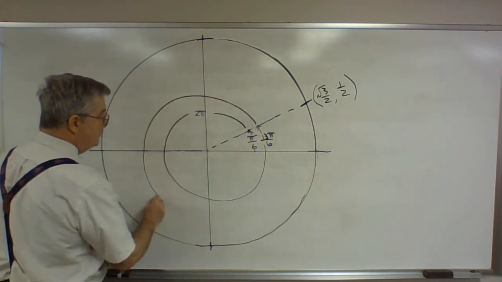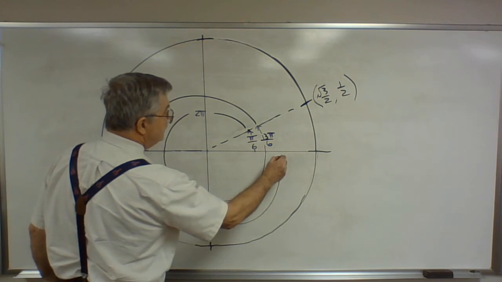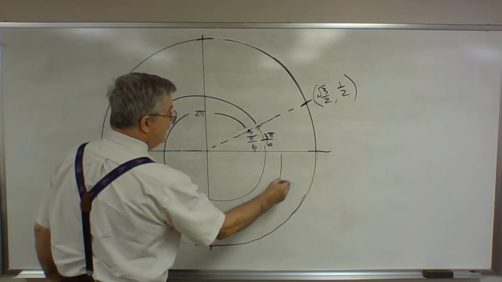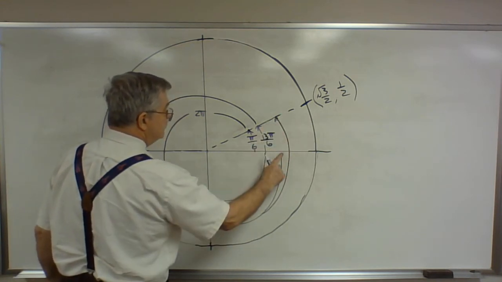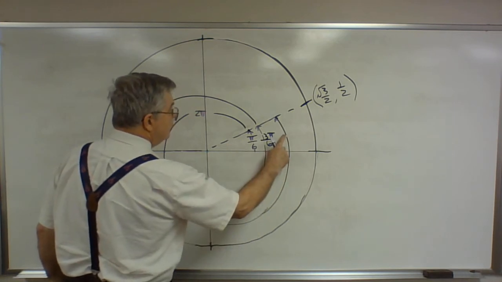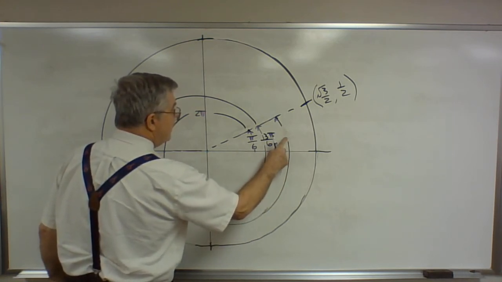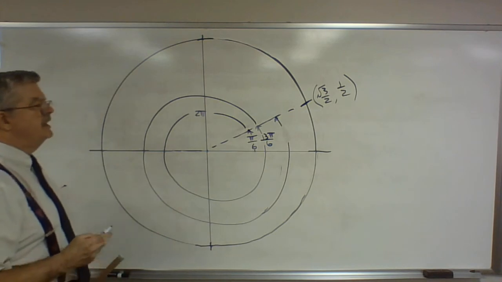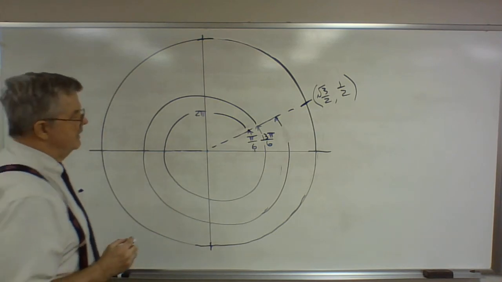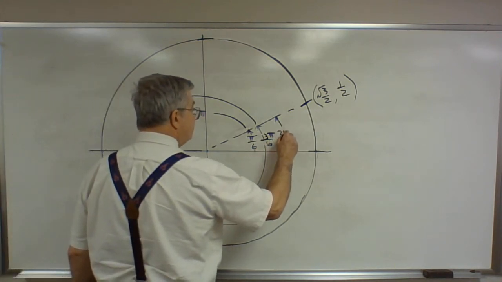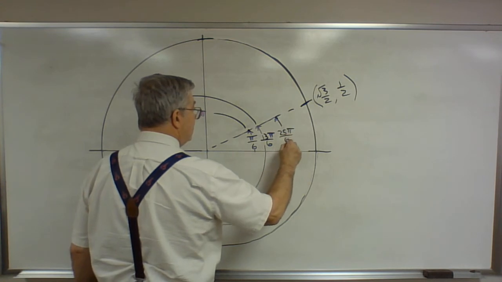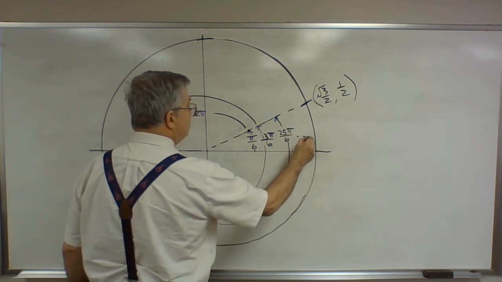And suppose I didn't stop there. Suppose I went around another 2 pi. So let's see, 13 pi over 6 plus 2 pi, what is that, 25 pi over 6? And so on and so forth.